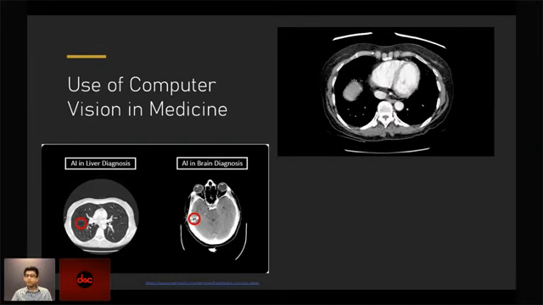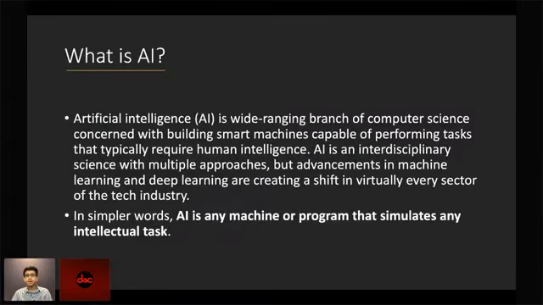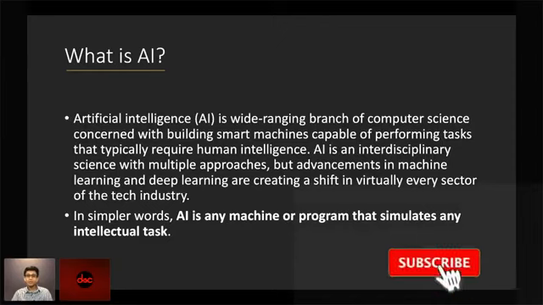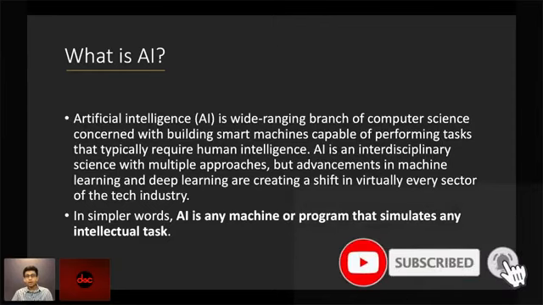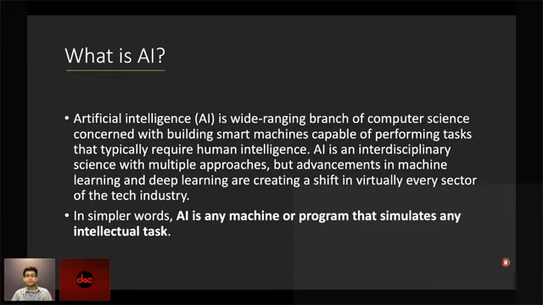But before we dive into computer vision, let's get an understanding of what artificial intelligence, or AI, really is. AI is a wide-ranging branch of computer science concerned with building smart machines or software that's capable of performing tasks that typically require some level of human intelligence.